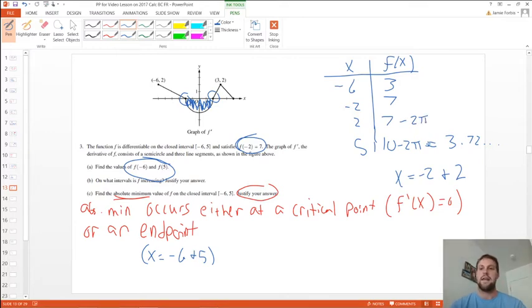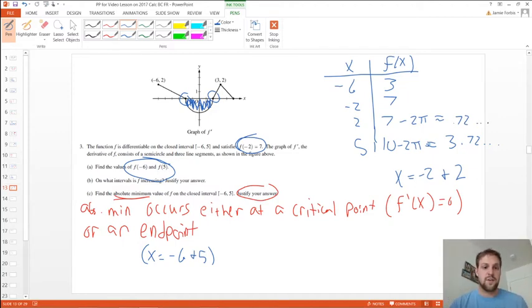And that's approximately 7 minus 6 point something, which is like 0.72 something.